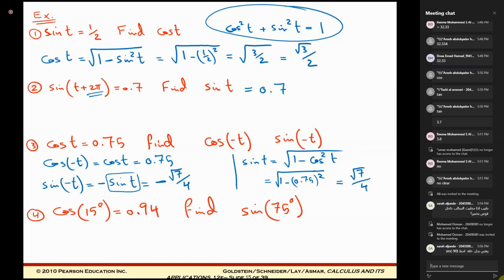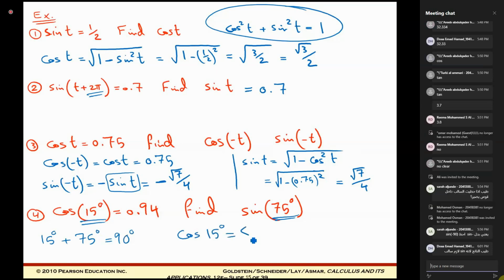The last one, look at this. The 15 plus 75 degree equal 90 degree. So the cosine of 15 degree equal sine 75 degree. This is the same value because the addition of two angles equal 90.